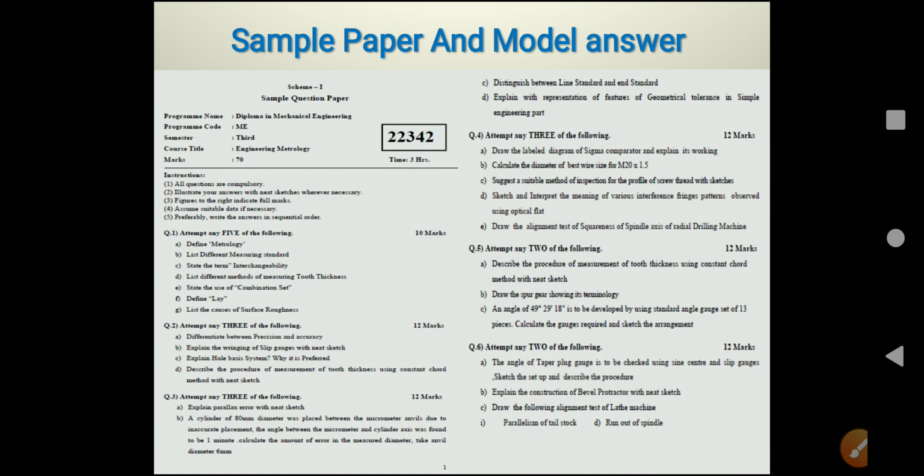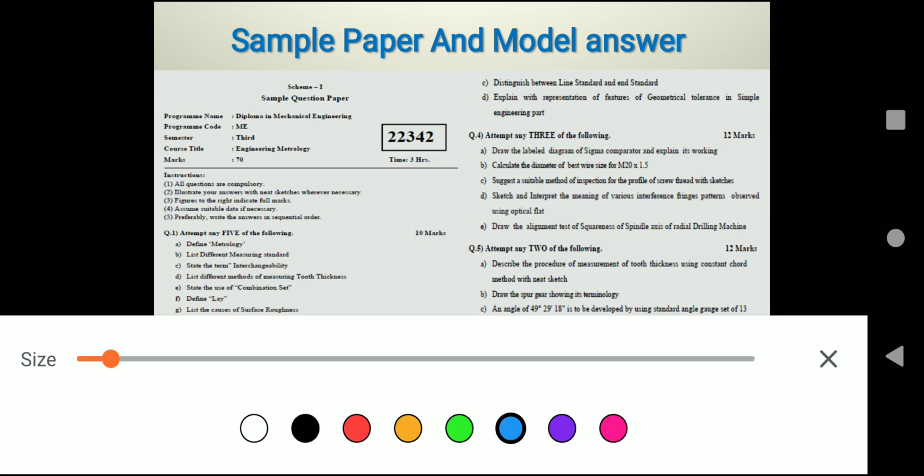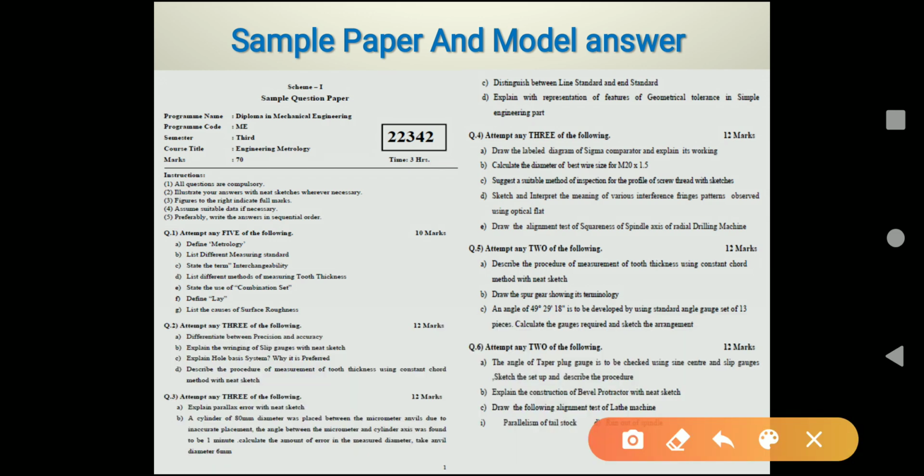List different measuring standards. As we have seen, there are 3 types of measuring standards: end standard, line standard. Then state the term interchangeability. It is from our third chapter, limits, fits and tolerances. We are going to discuss it later.